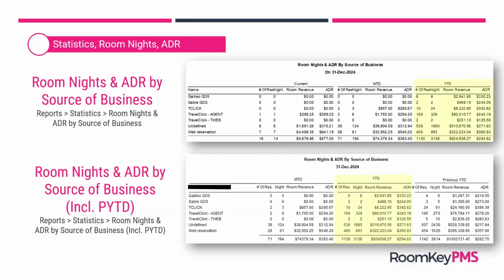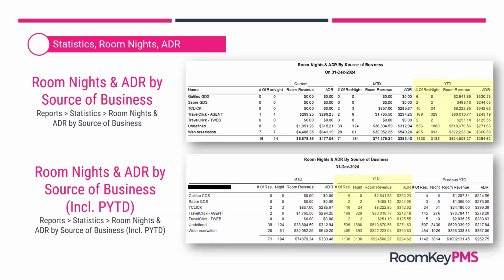And both of these reports do include a year to date value. So again, whenever you're generating these reports, you want to make sure that you are selecting this report and then choosing December 31st, 2024. And that ensures that when you see this year to date statistics column, that includes end of year information.